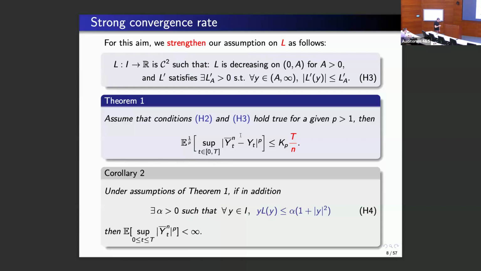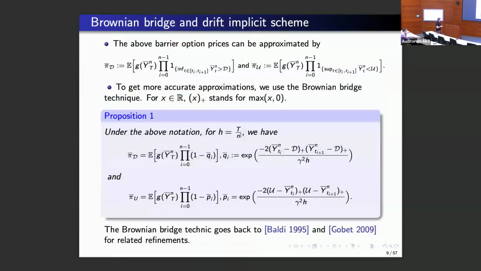So let me now show you how we run the Brownian bridge technique plus the multi-level Monte Carlo. Let me go back to my starting point, which was pricing this barrier option. So now what I did here is I replaced the main diffusion by its approximation scheme here, Y bar n,t, the scheme that I presented to you that is derived from Alfonsi's approach.